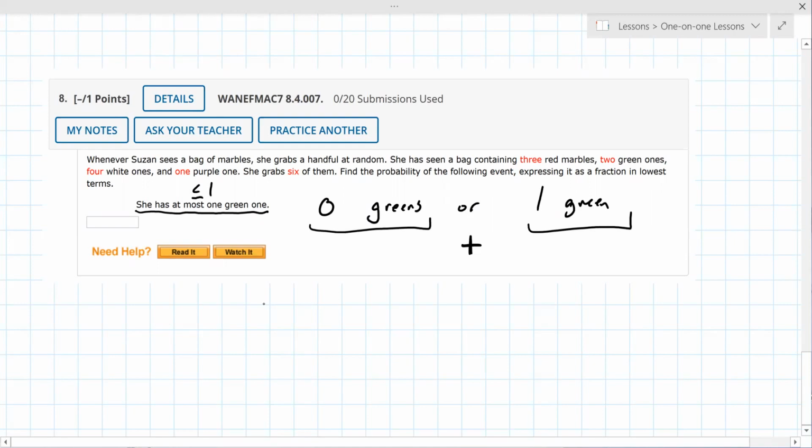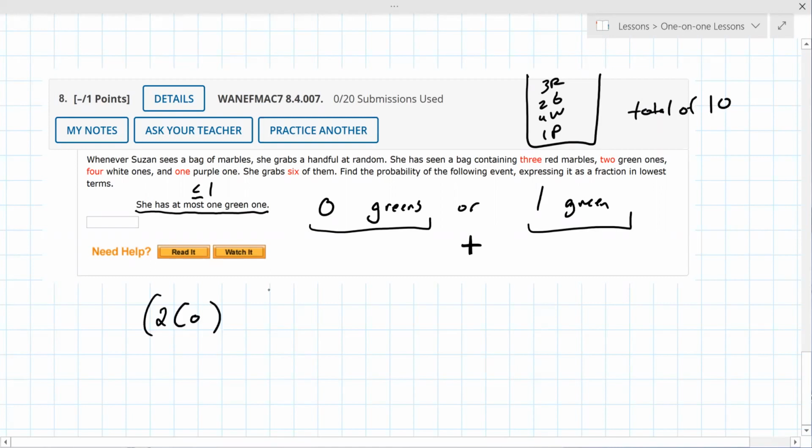So again, we got this bag. The bag's got 3 red, 2 green, 4 white, 1 purple, and a total of 10 this time. Okay, so 0 greens means I've got 2 in the bag. So out of those 2, I'm choosing 0. 2C0 times.